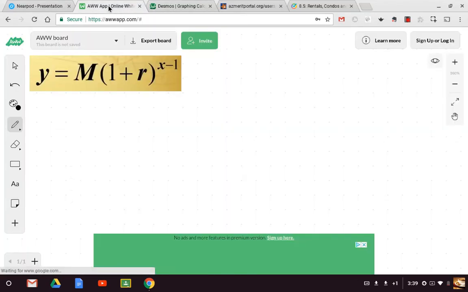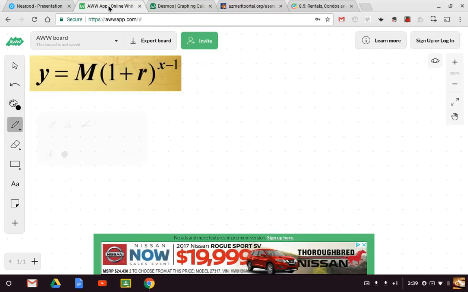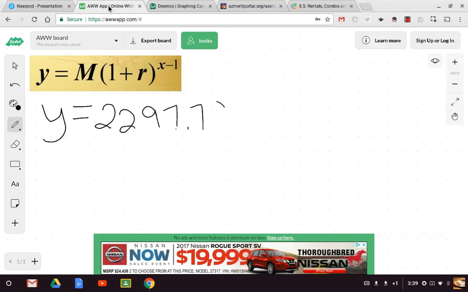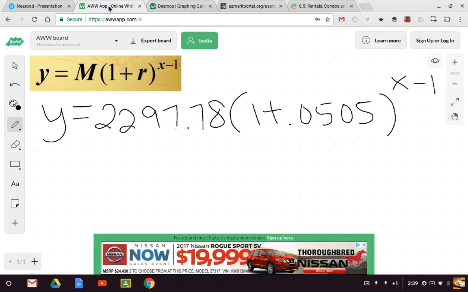Here we're going to use y equals our A, 2,297.78, times 1 plus our rate, still as a decimal though, 0.0505, to the x minus 1 power.